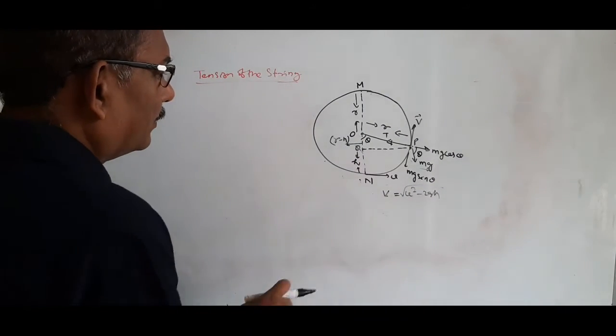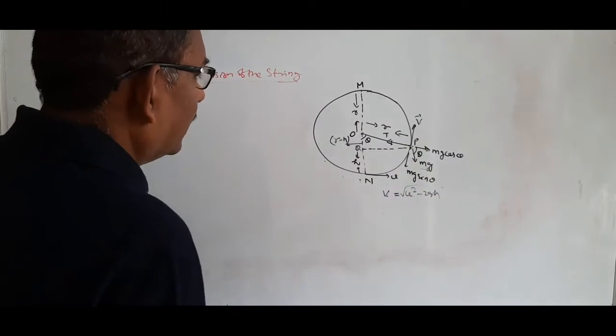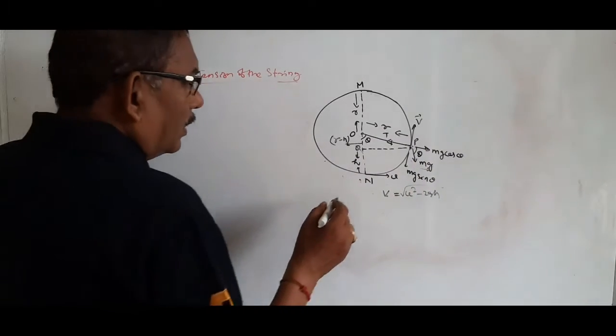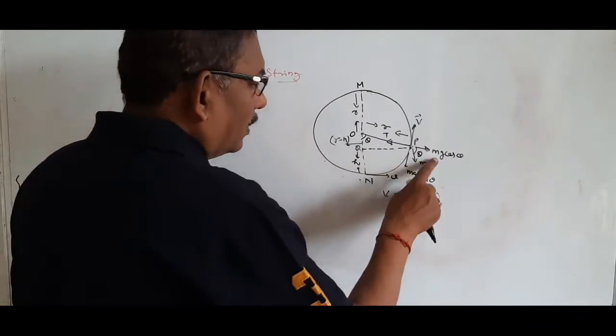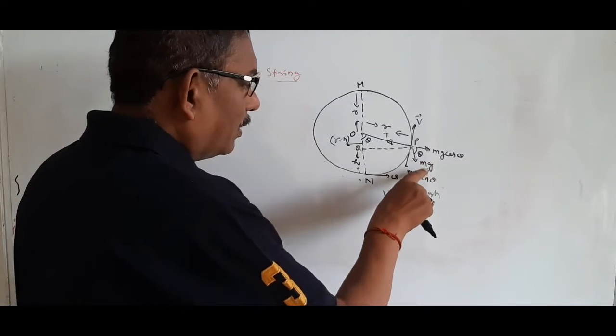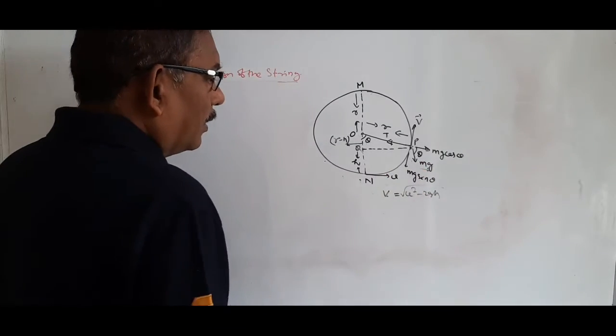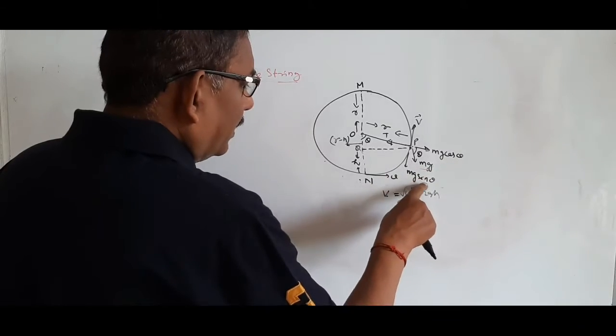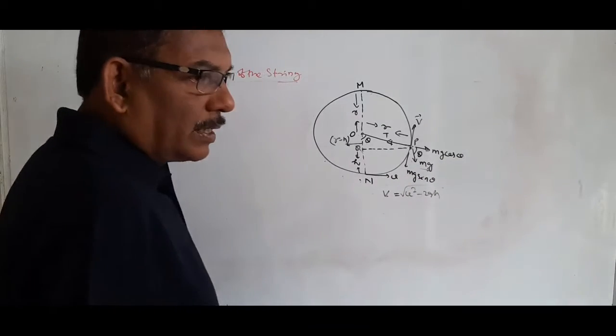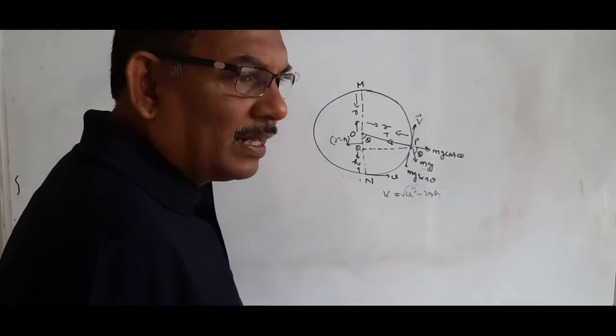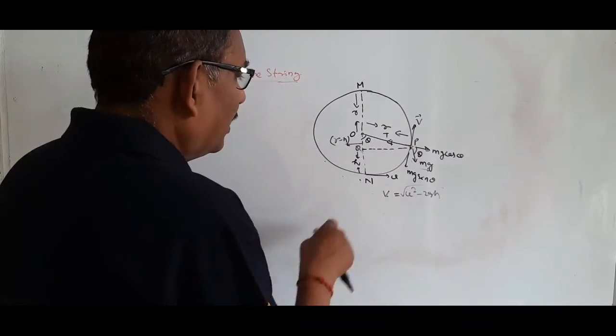Now the tension of the string. The tension acts in the opposite direction to mg cos theta, one of the components of mg. The weight resolves into two components, mg cos theta and mg sin theta.